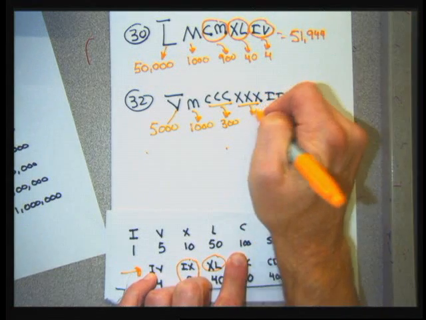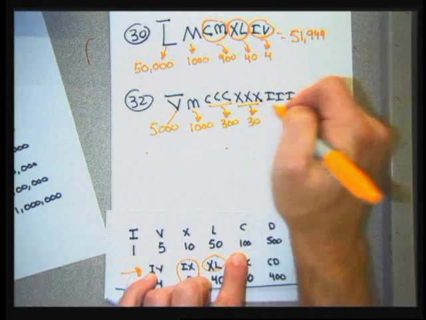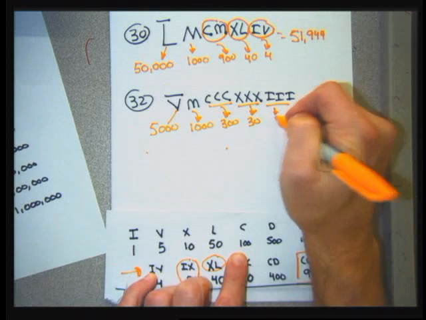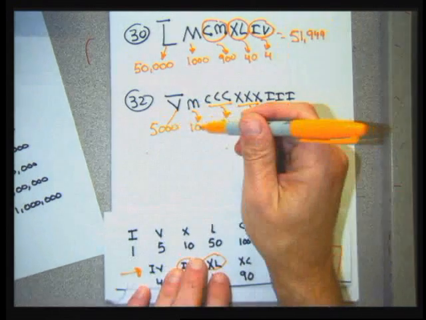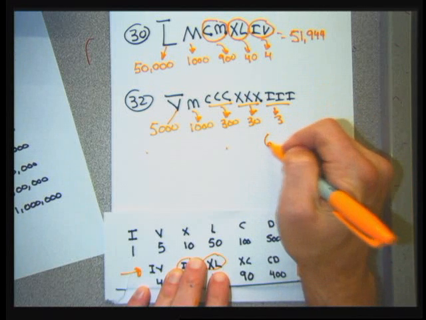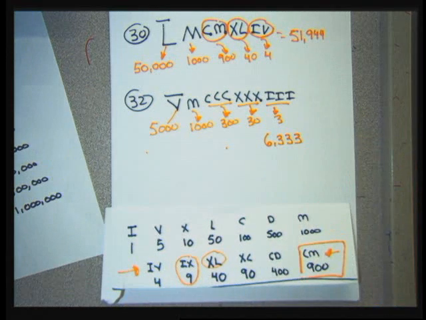Similarly, 3 X's, I could write 10, 10, and 10, or I can just write 30. And 3 I's, I can write 1, 1, and 1, or I can just write 3. So for 3 of a kind, it's not that hard for me to figure out what CCC, XXX, and III mean. Now I'm going to add these numbers. 5,000 and 1,000 is 6,000, and then 333. So assuming I haven't made an algebra error or an adding error, I get 6,333.